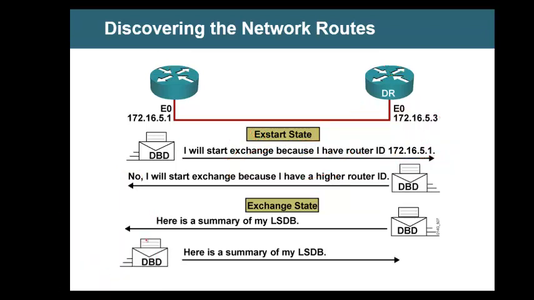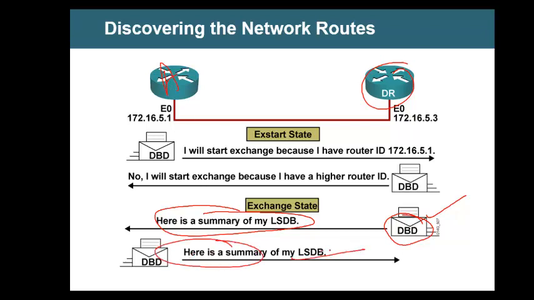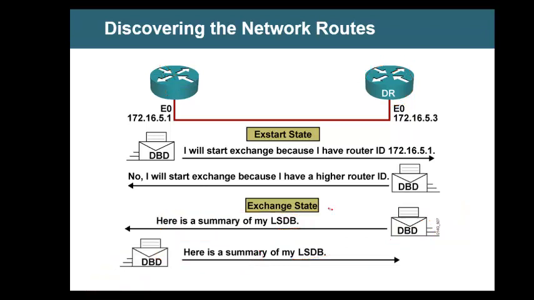Next, after saying that, router B says, okay, let me start my exchange. It is sending my DBD. See, the summary of the LSDB is what is called DBD. And then router A is also sending the summary of its own LSDB. Sharing this DBD is what is called exchange state.